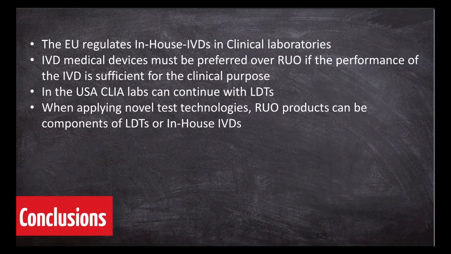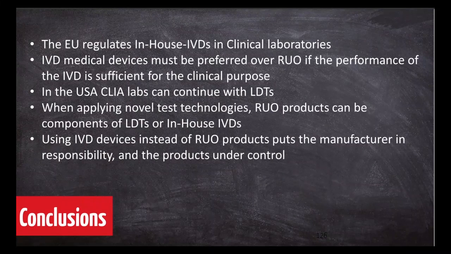And when you're applying novel test technologies, RUO products can be components of LDTs or in-house IVDs in Europe as well. And using IVD devices instead of RUO products puts the manufacturer in responsibility and the products under better control.